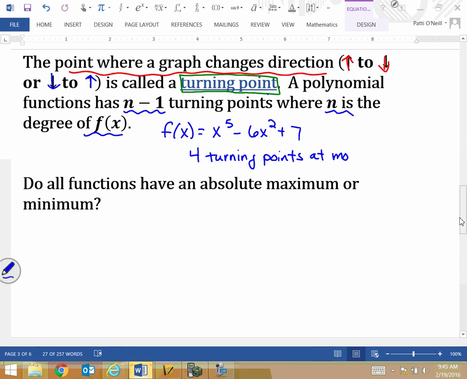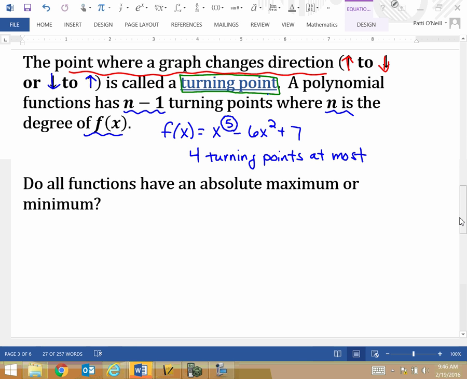I say at most because it doesn't have to have 4, but it will have at most 4 turning points. It's always one value lower than the degree. So you might be asked about the number of turning points on a graph. If we can see it, then we know the degree of the function, if we know that the graph is complete.